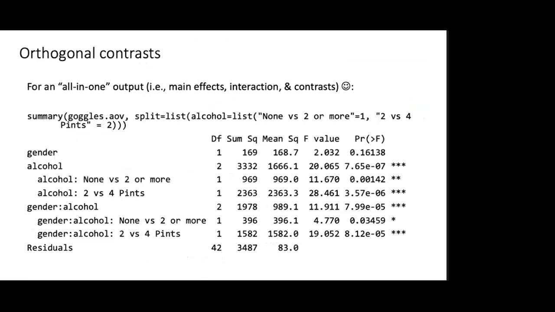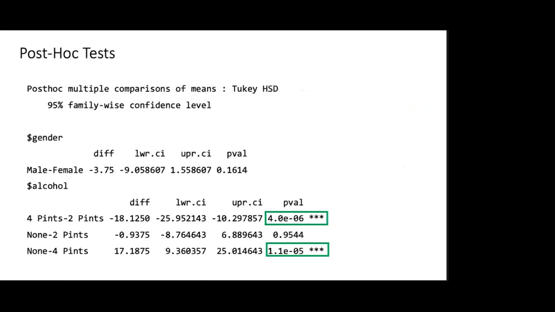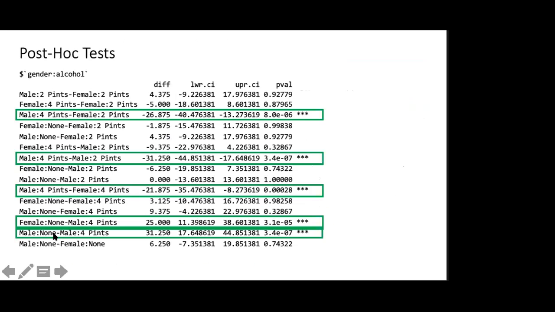We saw in our simple comparisons, if you go back to the slides, sorry about that, that for females the contrast between 2 pints and 4 pints was not significant. Let me find that. Female 4 pints versus female 2 pints, that was not significant, and we can confirm that here.